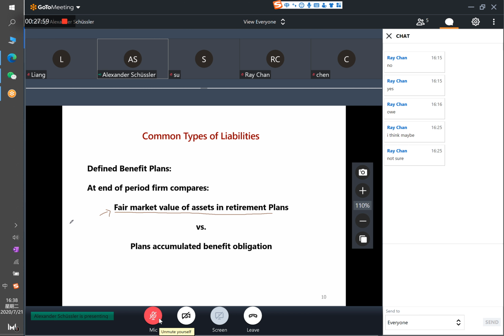This is the market prices of bonds or stocks. Whatever the pension is invested in.